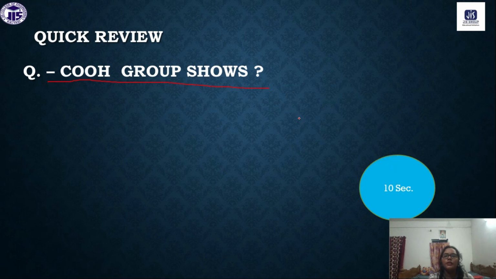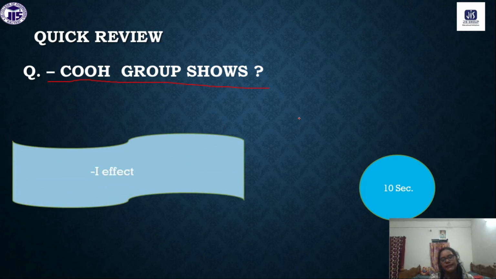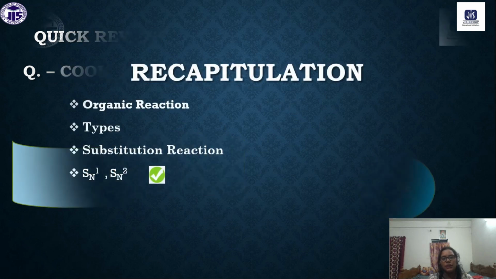Your time is finished. And yes, you are absolutely right, this is the minus I effect. For the COOH group we can also see the minus R effect. So this is the answer.